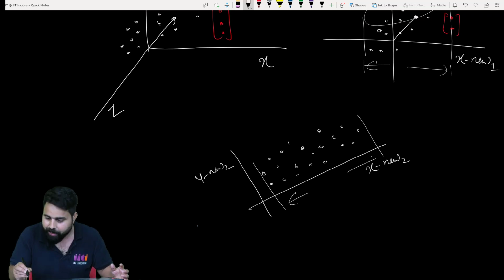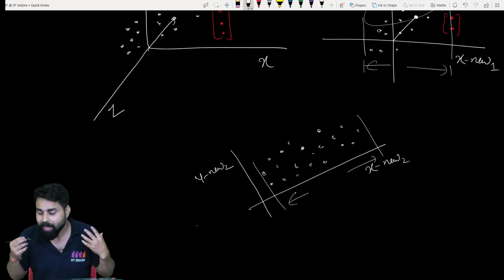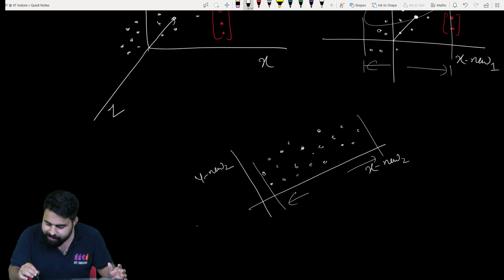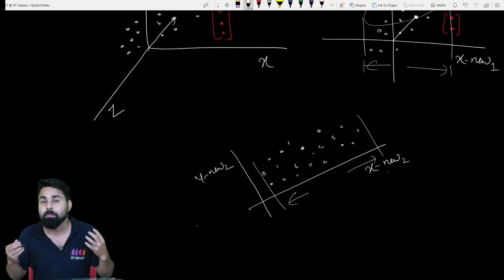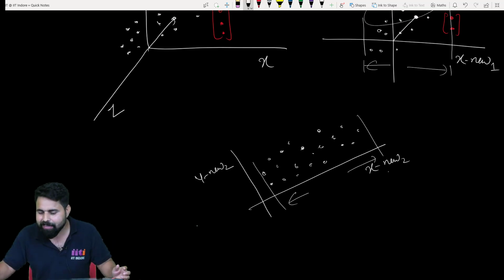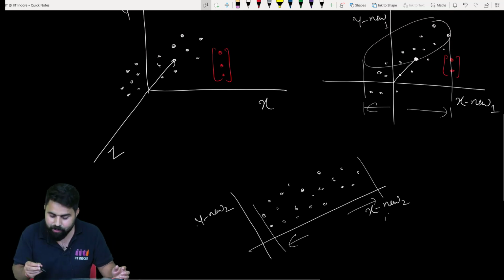This spread is more than x new 1. So if you watch the data points along this new axis, you will see them in a better way than x new 1.